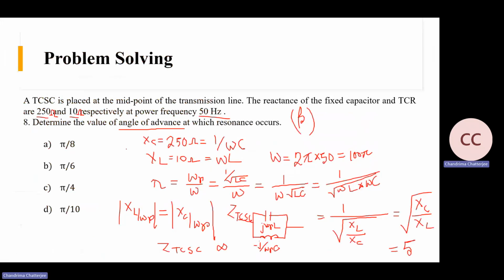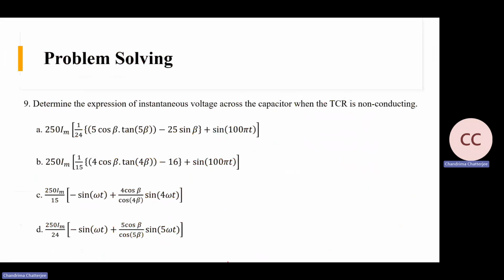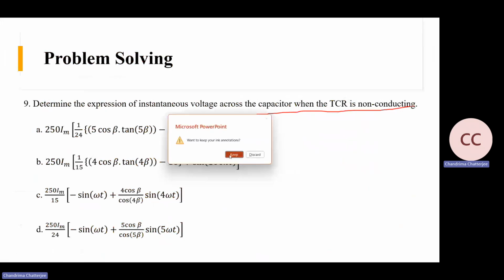Okay. So the next question. Determine the expression of instantaneous voltage across the capacitor when the TCR is non-conducting. So we will just get the expression when the TCR is non-conducting and try to find out.